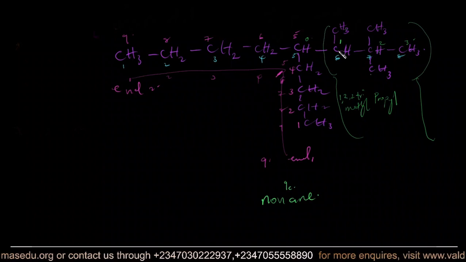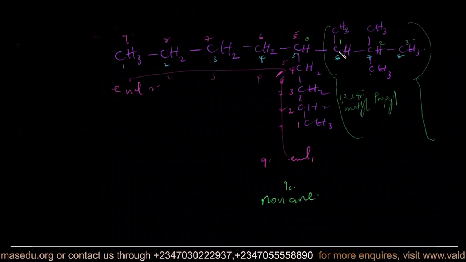This is our main chain. So we are going to join the name together. To add this together now, we have to indicate the position of this whole complicated substituent on the main chain. The position on the main chain is 5, right? It started from carbon number 5. So you have to state that it is from 5.